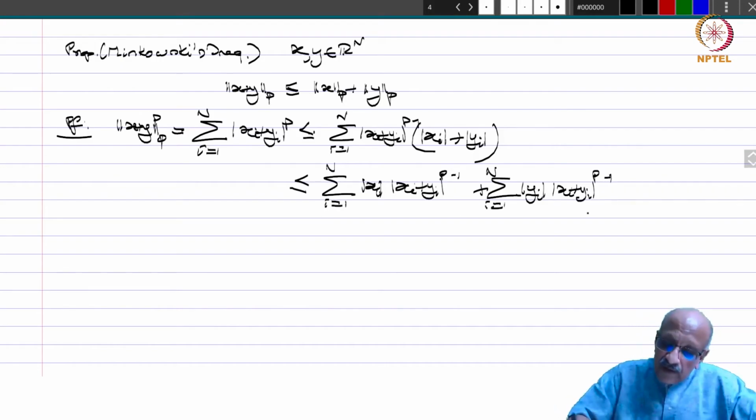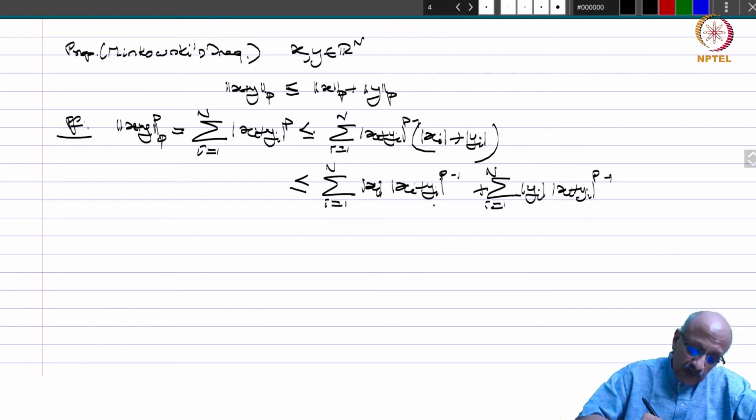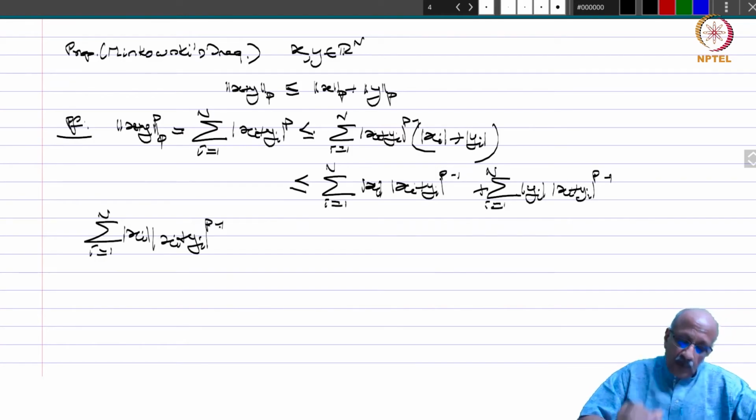Now to each of these terms I am going to apply Hölder's inequality. So what is Hölder's inequality for this one? Let us take sigma i equals 1 to n |xi| |xi plus yi|^(p minus 1).